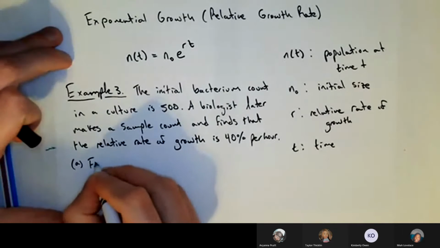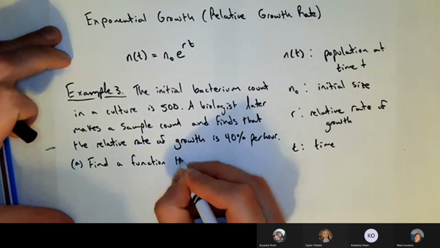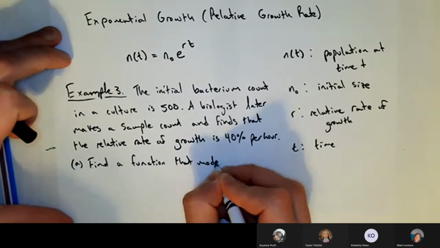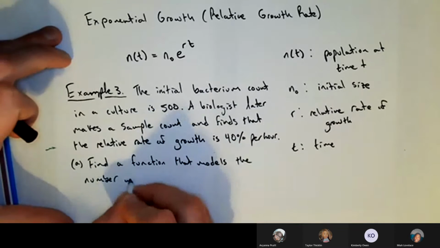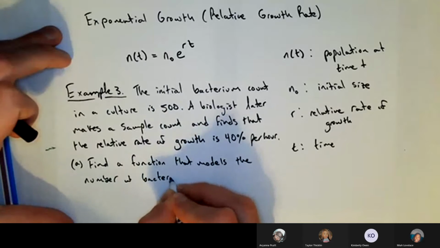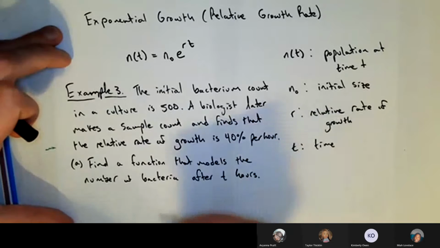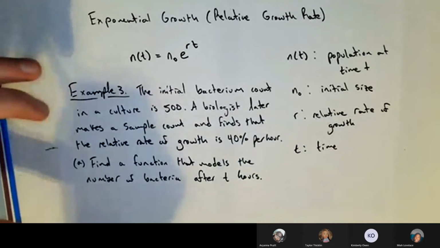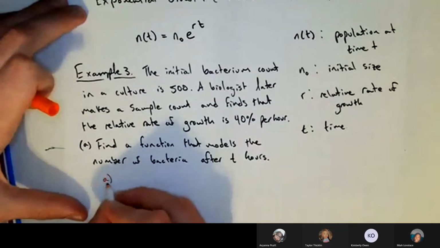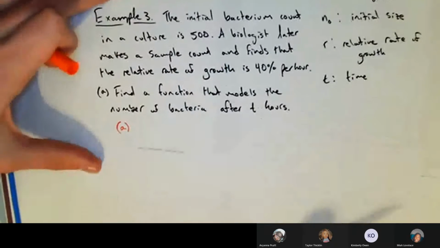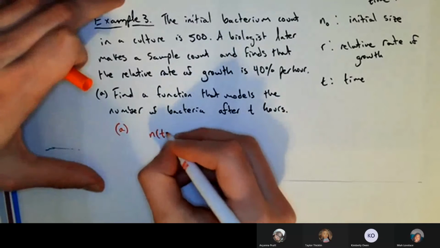First, part A says find a function that models the number of bacteria after t hours. I'll solve that one first, and then I'll write these other parts. So part A, find a function that models, well, it's definitely going to be N of t.